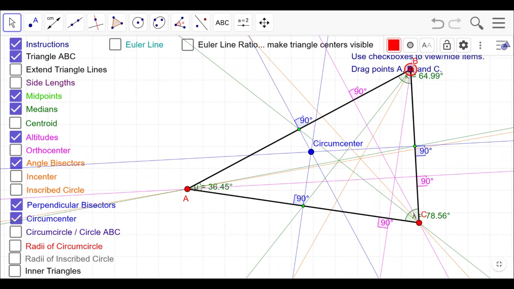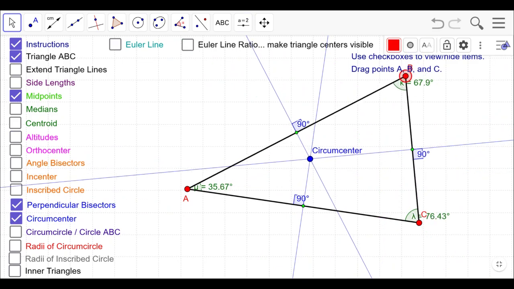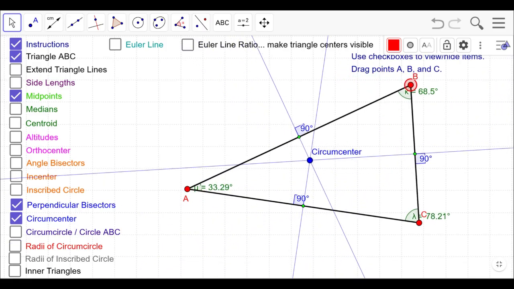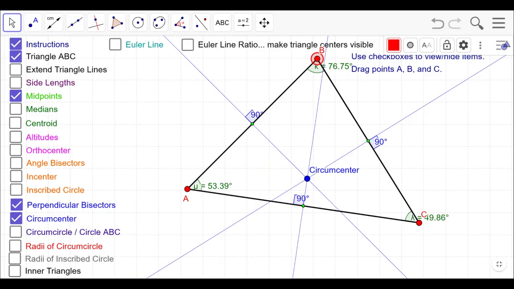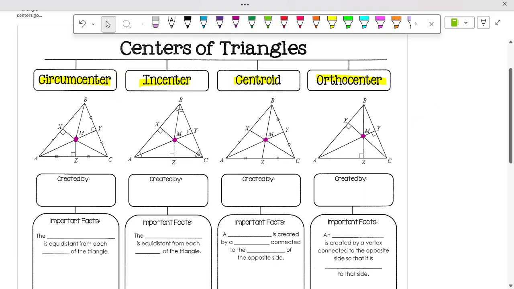So which one? The perpendicular bisectors. If I click off all the others, do you see how where these perpendicular bisectors intersect, that's where the circumcenter is? That's what it's talking about. So these are created by the perpendicular bisectors.